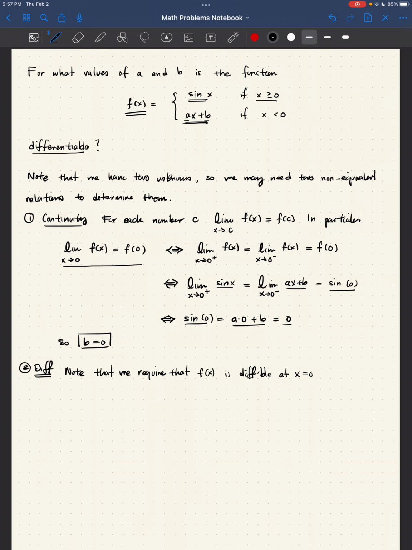Well, first, we have that the limit as h tends to 0 of the expression f of 0 plus h minus f of 0 over h should exist. And it should be equal to its left-sided limit and its right-sided limit at the same time. In other words, I can translate this in the following terms.